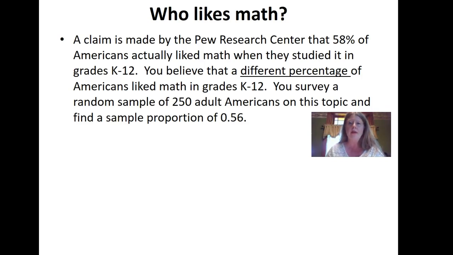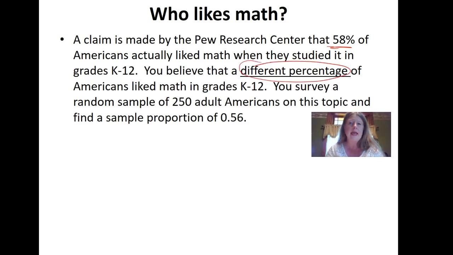So notice here we're giving you lots of really useful information to help you set up your hypotheses. So we always start with that claim about a population parameter. So here the claim is that 58% of adult Americans liked math in grades K through 12. You believe something different is going on.